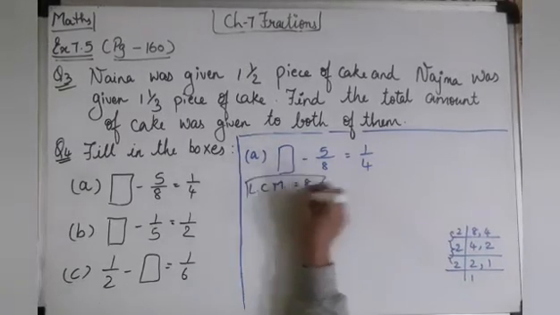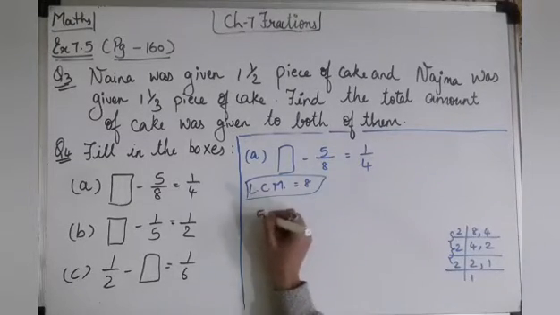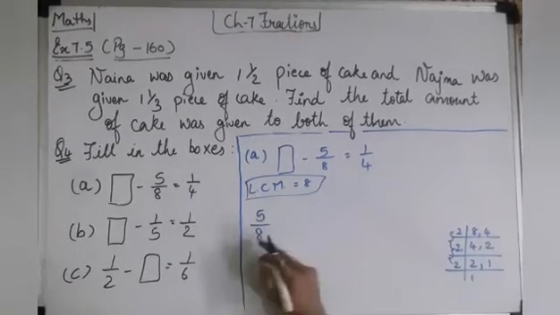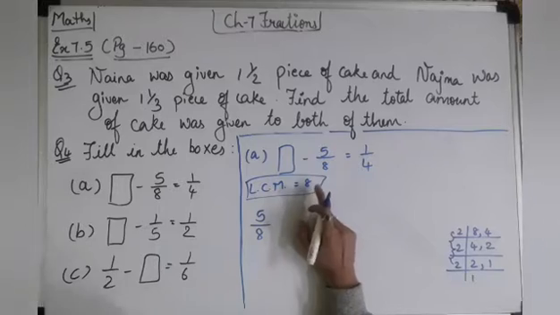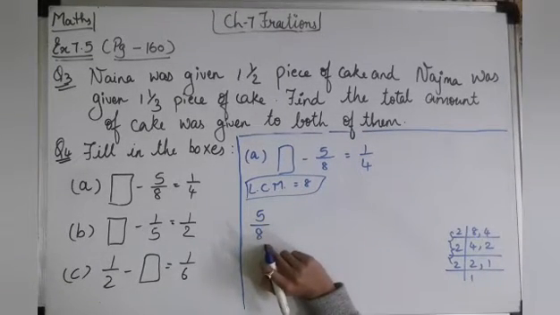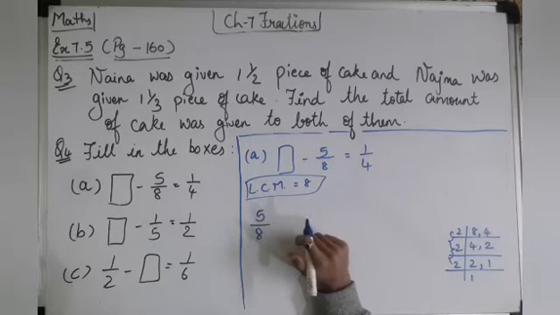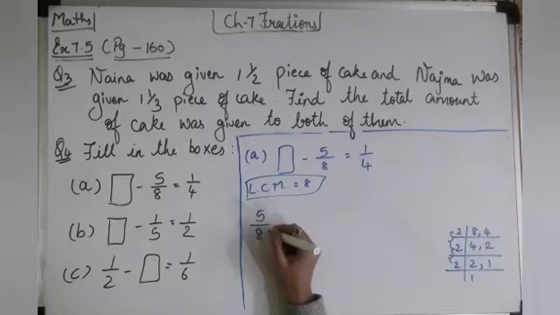Okay, so we'll take the first fraction, 5 upon 8. As you can see, in denominator we need 8, but in this fraction already 8 is there. So by which number will I multiply 8 to get 8 only? You know tables, right? 8 ones are 8.